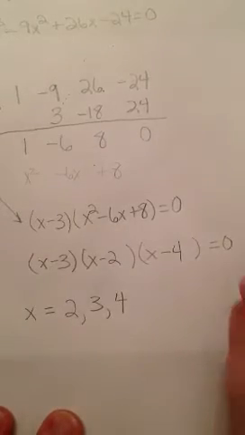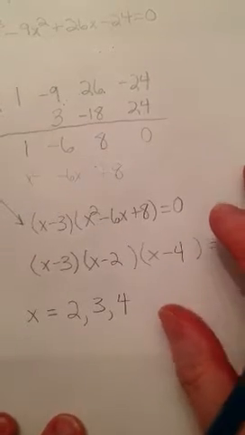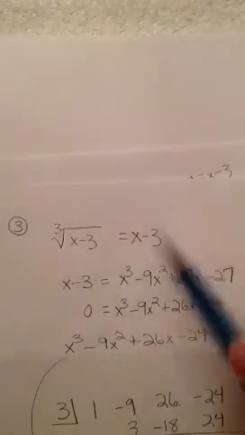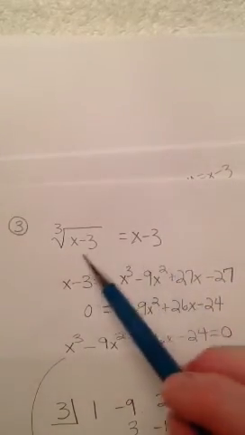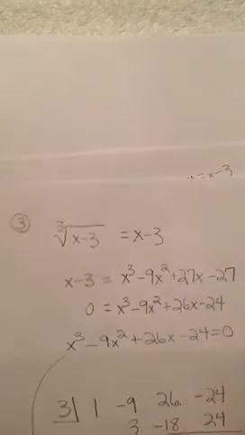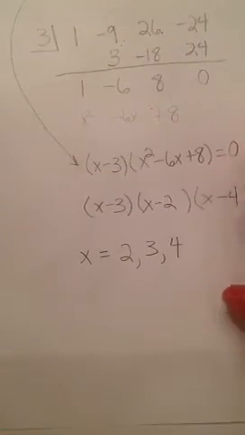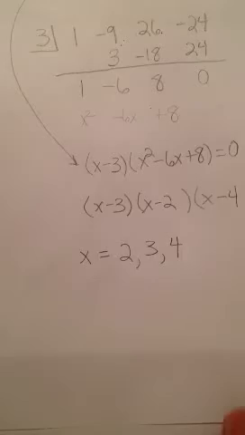And if you were to put back into either expression, 2 minus 3 is -1, 3 minus 3 is 0, 4 minus 3 is 1, and you're just going to follow that for the points of intersection.